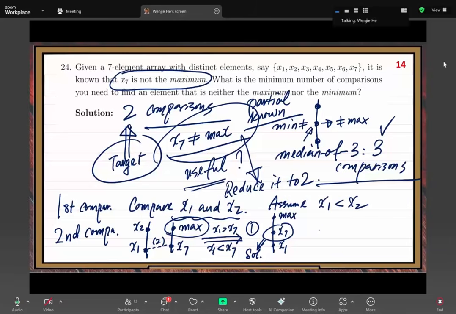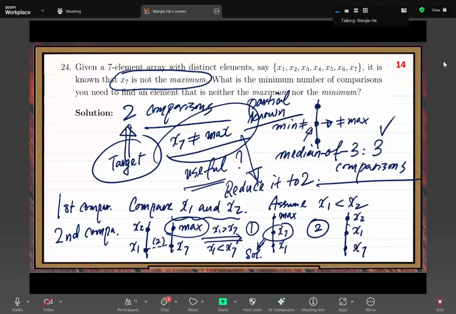Case 2, x1 greater than x7. Let's use this part of the diagram: x2 here, x1 here, x7 here.